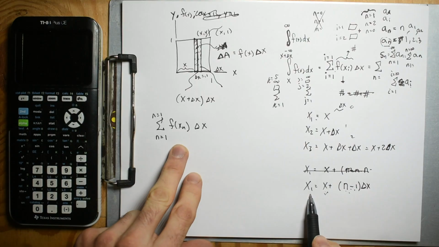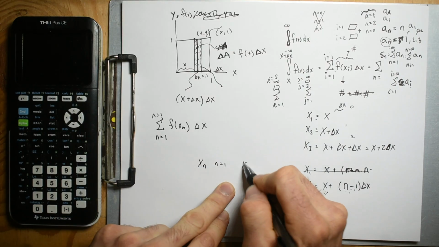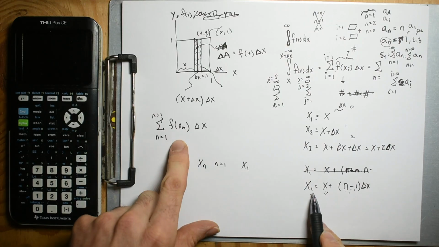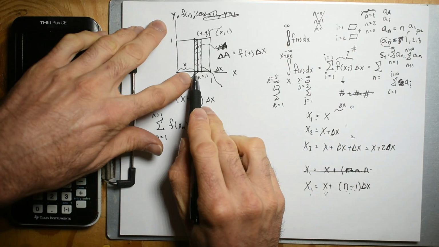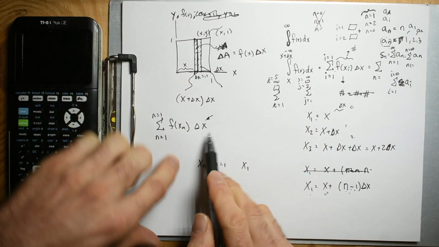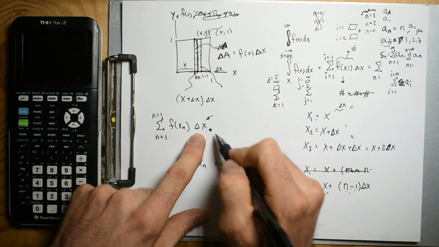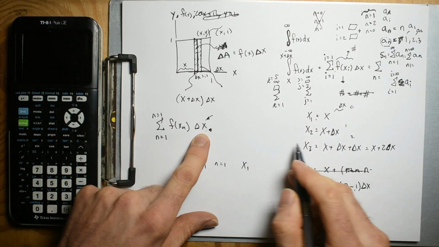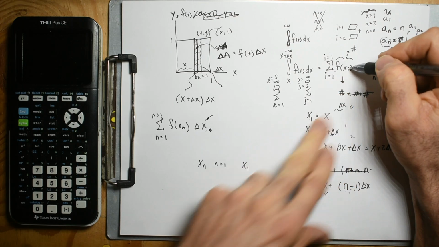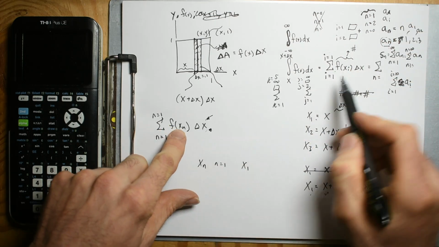x1, you know what I mean, is xn when n is equal to 1. That's x1. I know that's going to be this value of x. Cool. And I know I'm going to multiply by change in x. I'm always going to multiply by change in x, so I'm not going to have an n there. I'm going to switch back and forth between, like I said, it doesn't matter if this is an n or an i.